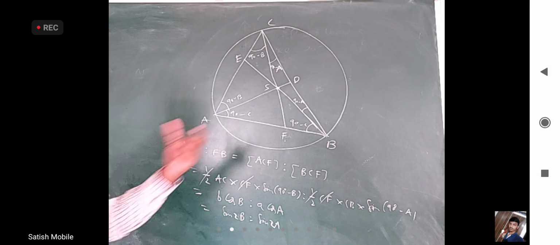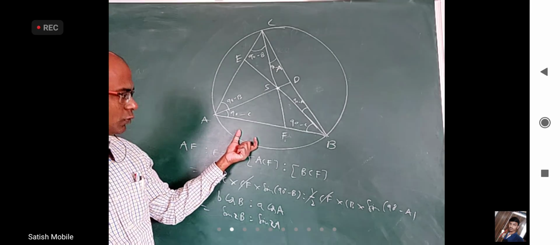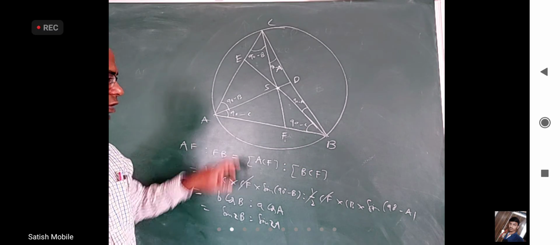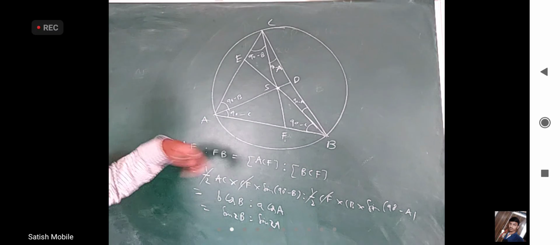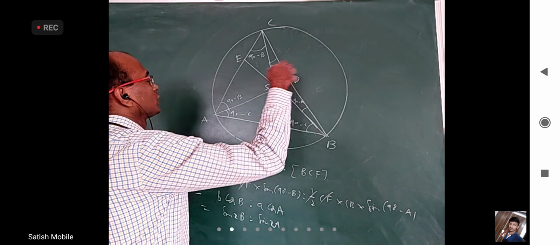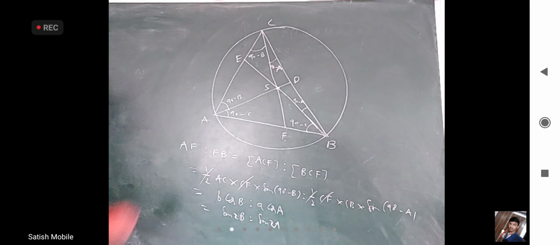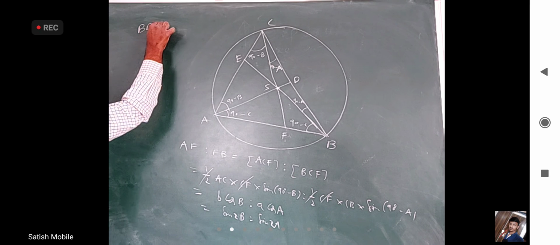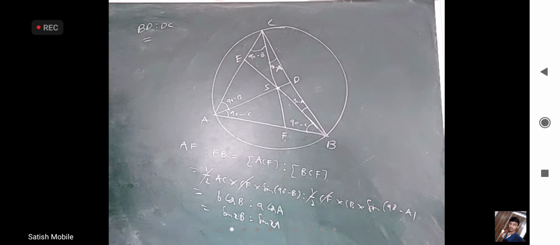Okay. So this length is proportional to B cos B or sin 2B. This length is proportional to A cos A or sin 2A. I am sure similarly we can tell now, after this I should write, let me write here, BD is to DC. Anybody want to tell what is BD is to DC will come?